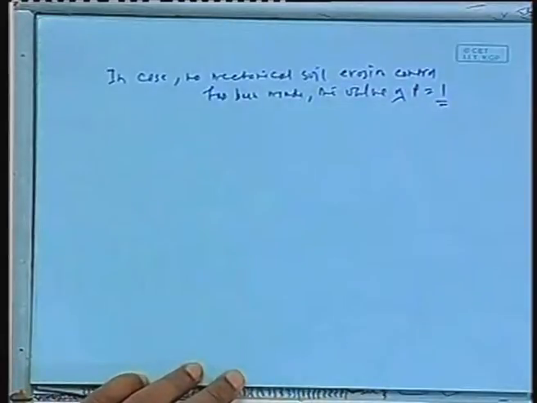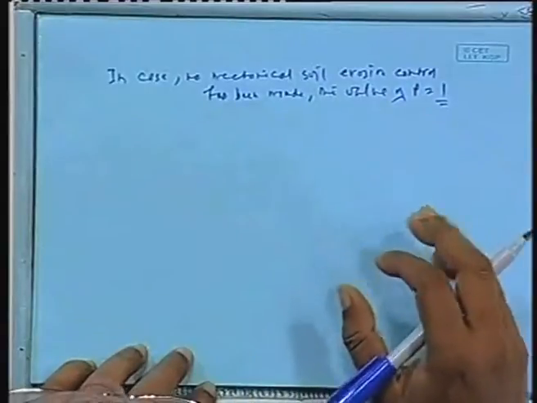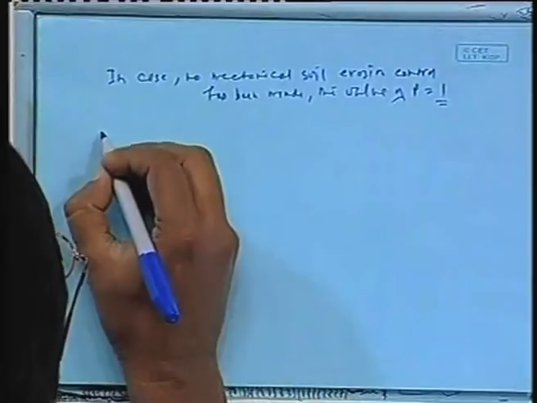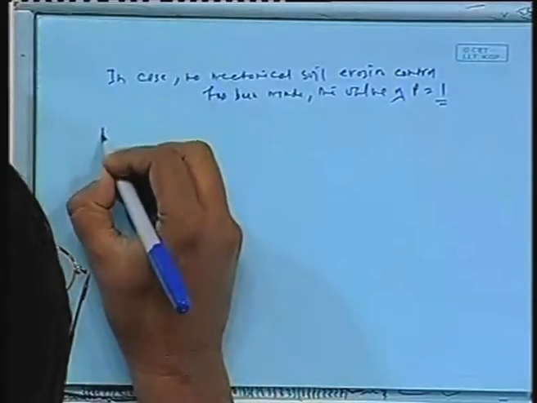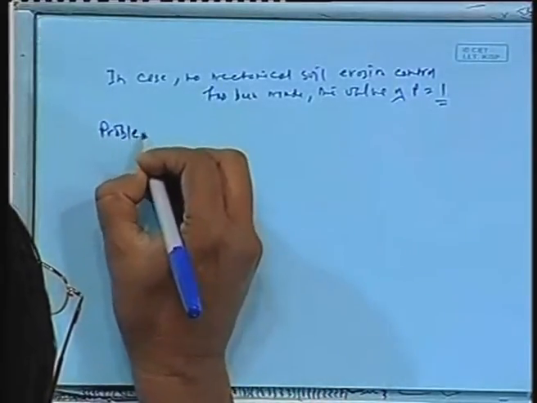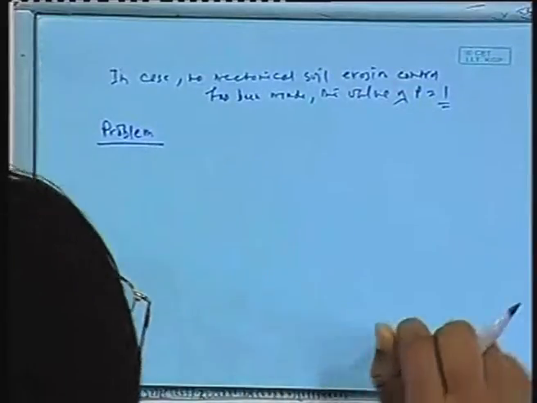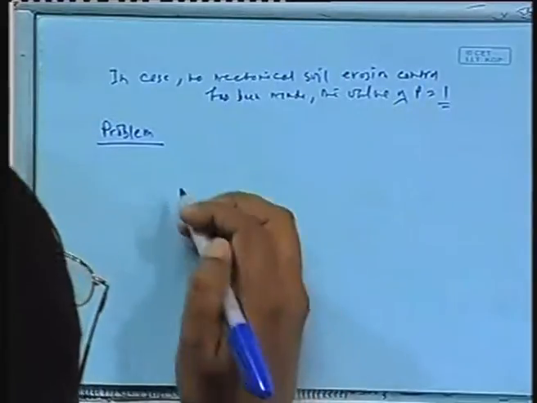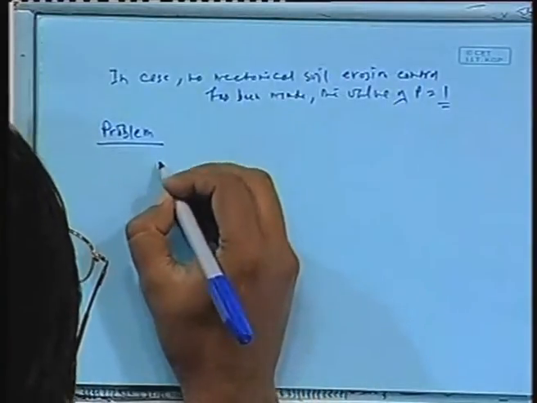Remember this. It never becomes 0 as such; 0 would mean everything comes to 0, and it is nothing like that. If no mechanical soil erosion control has been made, the value of P is equal to 1. Now let us see a problem, or an assessment of a particular situation. Let us take a situation like this.